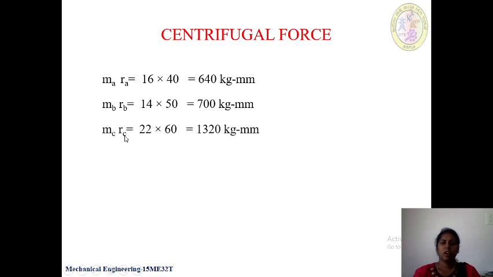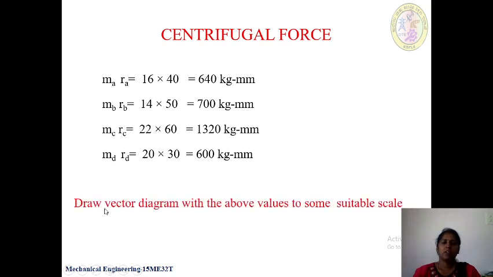MC into RC is equal to 22 into 60, which is equal to 1320 kg mm. MD into RD is equal to 20 into 30, which is equal to 600 kg mm. Draw a vector diagram with the above values to some suitable scale.